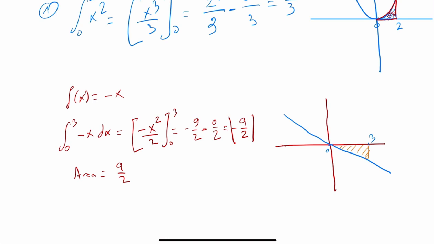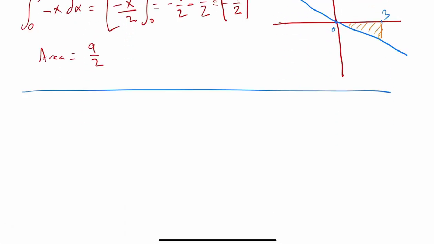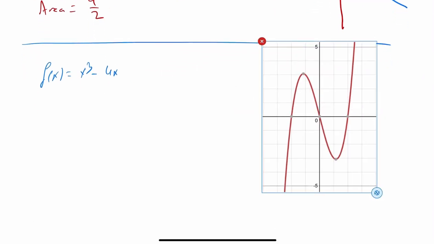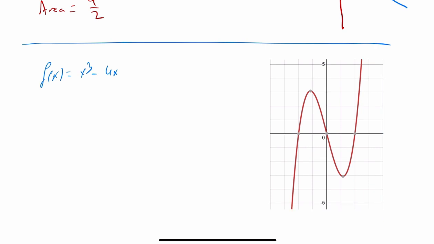So let's, for example, consider this function: f of x is equal to x cubed minus 4x. If we graph this function, we can see it like this. There is a part that is above the x-axis and a part that is below the axis.